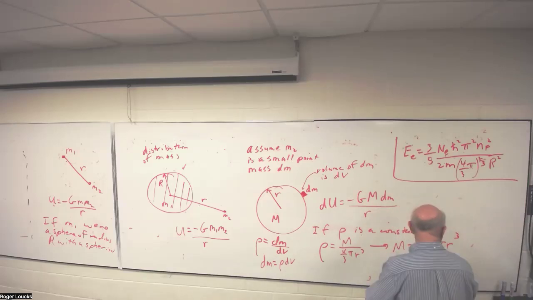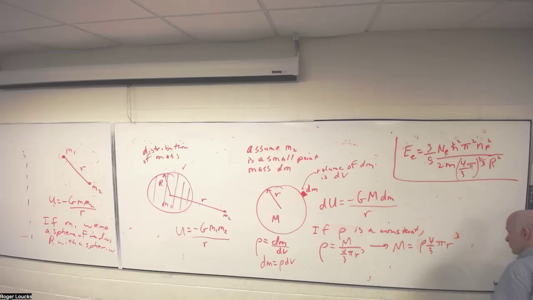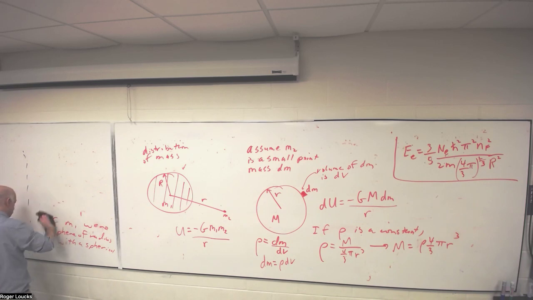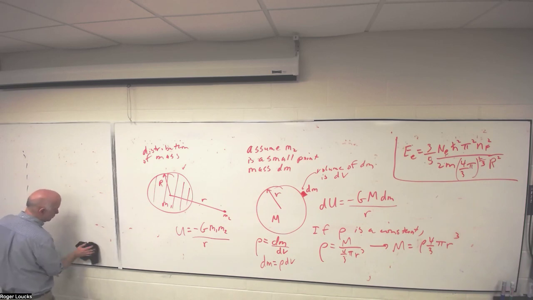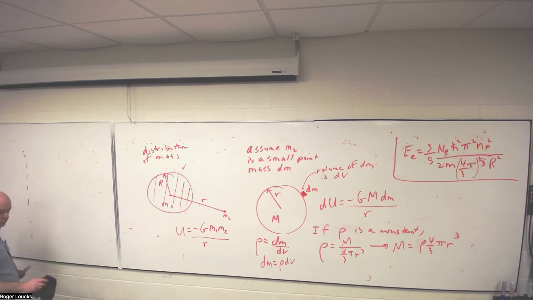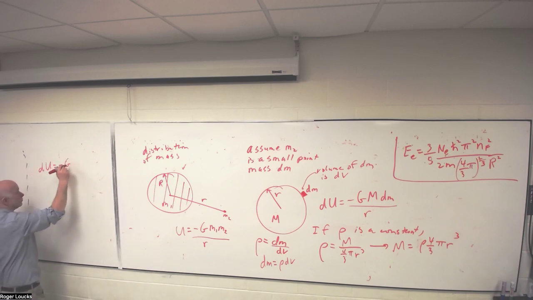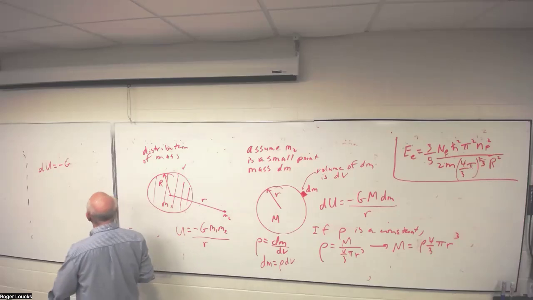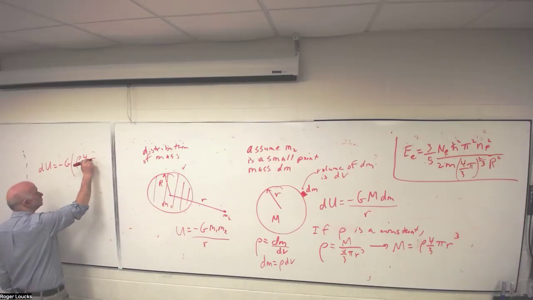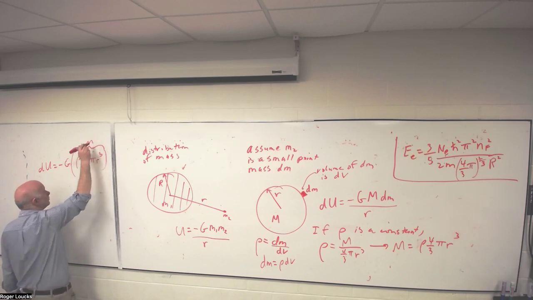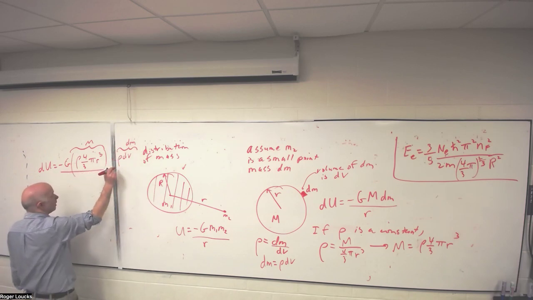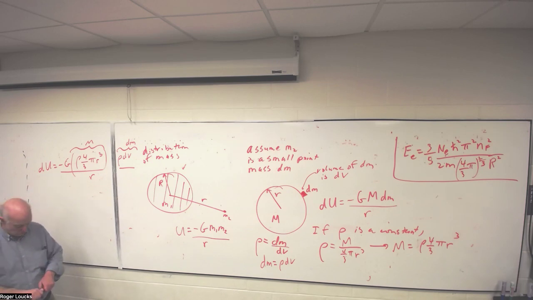I'm going to substitute all these into my expression over here. So big M is this, and my little dm is this, and divide everything through. Does that make sense?